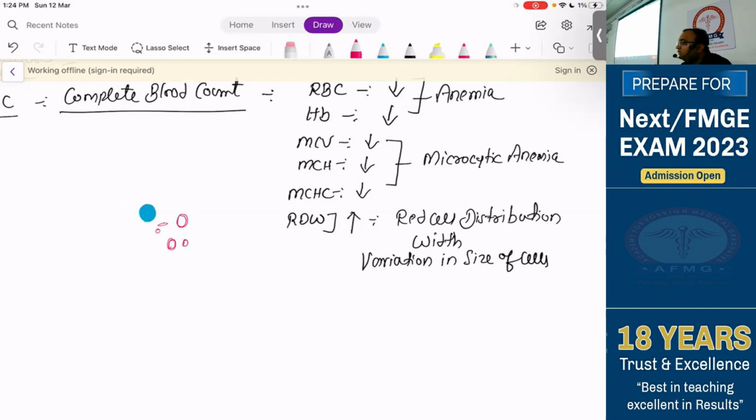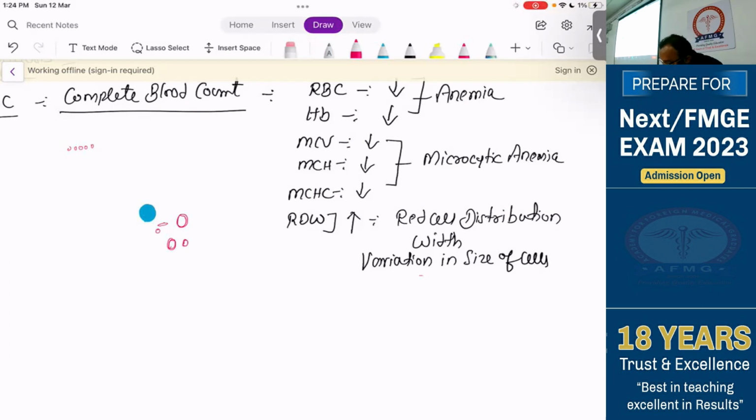So RDW will tell you the variation in size. Even if all of them are very small, the RDW is normal because there is no variation. Even if all become large and look the same, there is no variation. So it is important that the variation in size is more in IDA. So that's why RDW will be increased.